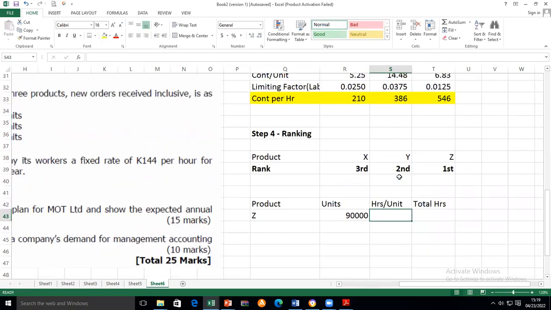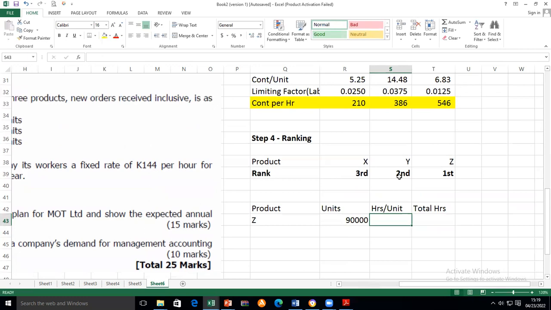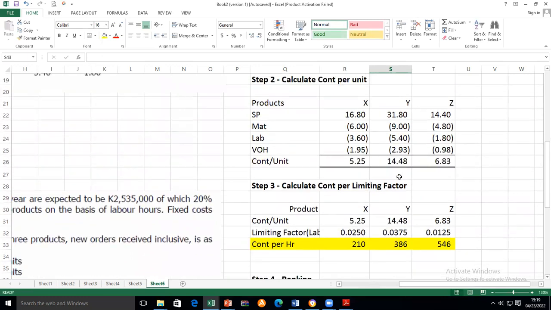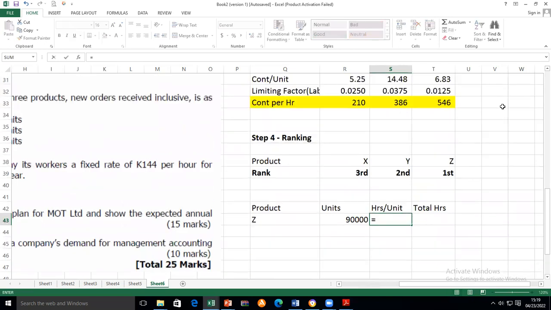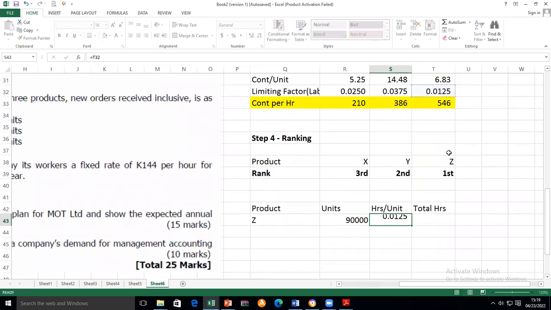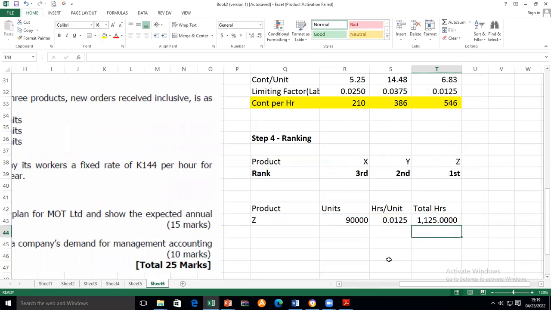So this product, what's the hours per unit? Product Z, the hours per unit are here. And the total hours, what? By what? There we go.